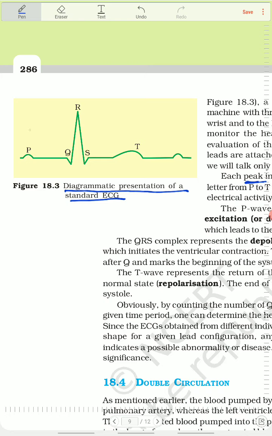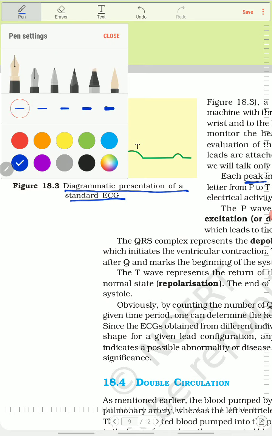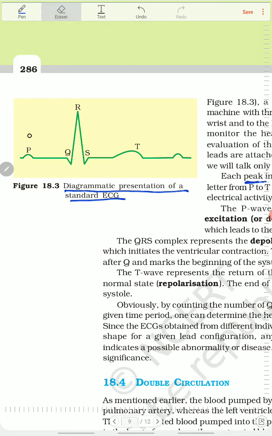This is one peak. This is another peak. This is another peak. So each small peak is represented by the letter P, and then a bigger peak is represented by QRS, and then there is another peak, that's T.